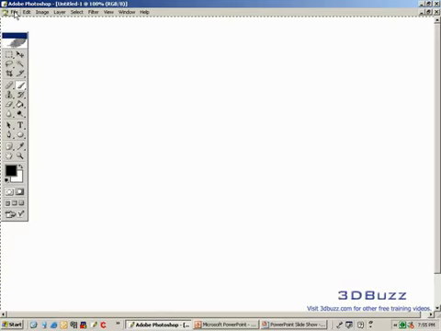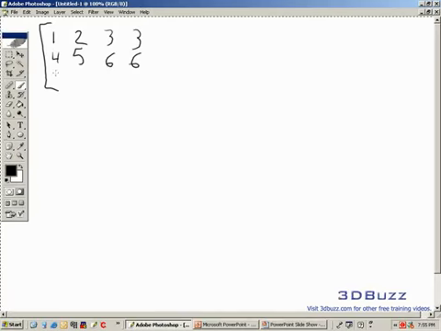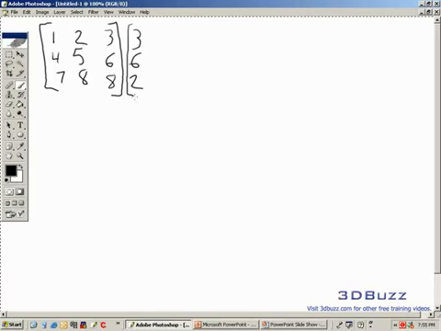Okay, so here is our old matrix. 1, 2, 3, 3. 4, 5, 6, 6. 7, 8, 8, 2. So instead of putting the vertical line like I normally do, I'll break off the coefficient matrix and call this a second, 3-row by 1-column matrix.